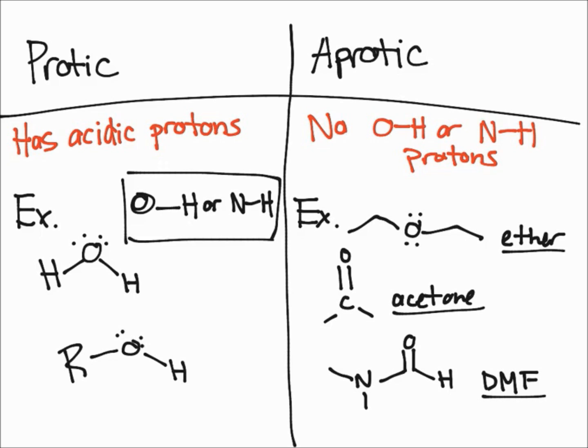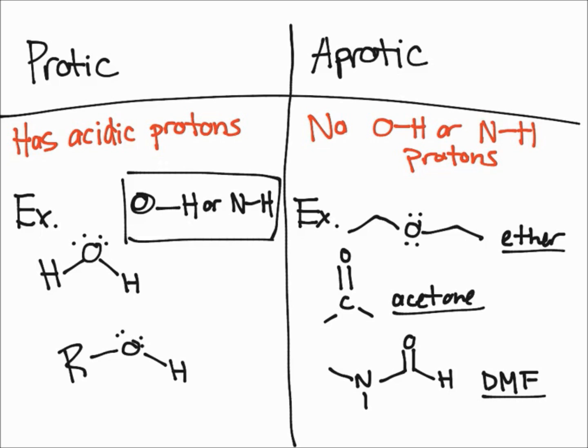I drew these a little differently because I didn't want to draw out all of the hydrogens, but we know they're implied. So we have ethers, acetones, and a molecule that's referred to as DMF. All of these molecules don't have an OH or an NH proton.